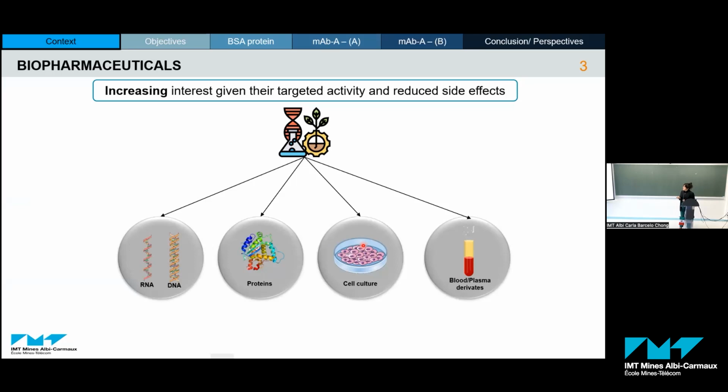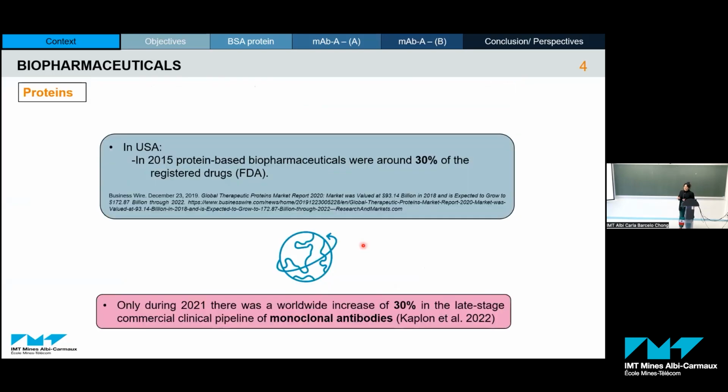Some of these products can be DNA, cell culture, blood plasma, and most interesting proteins in this case. The proteins have gained recent interest. For example, in the USA, in the year 2015, around 30% of the registered drugs from the FDA were protein-based biopharmaceuticals.